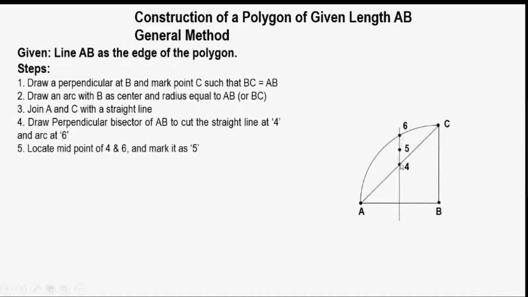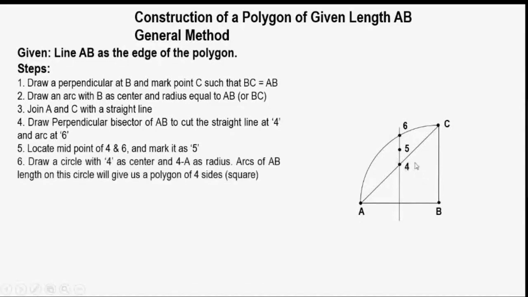So we know how to bisect the line. So we have located point number 4, point number 5, and point number 6. These 4, 5, 6 are actually the number of edges of the polygon. If I have to draw a polygon of 4 sides, that is a square, take point 4 as center and 4A as radius, and draw a circle.